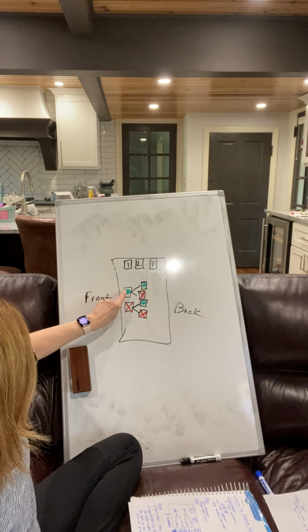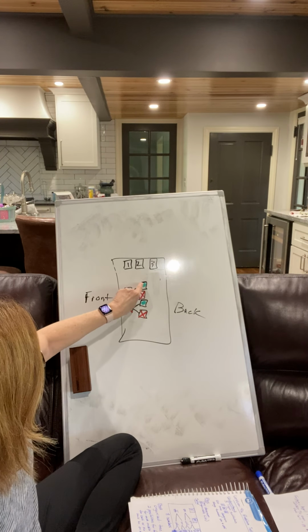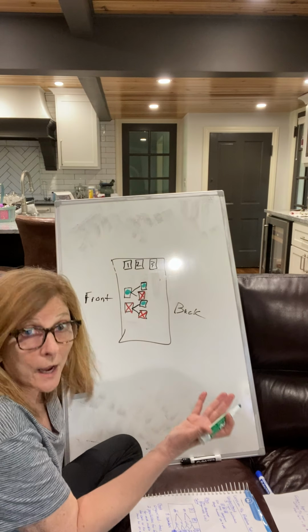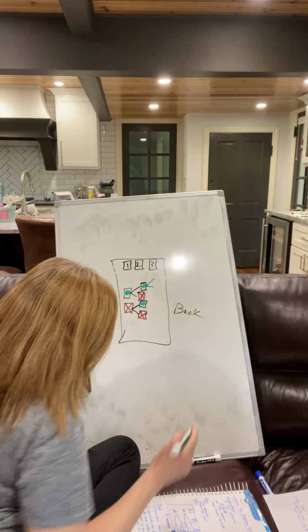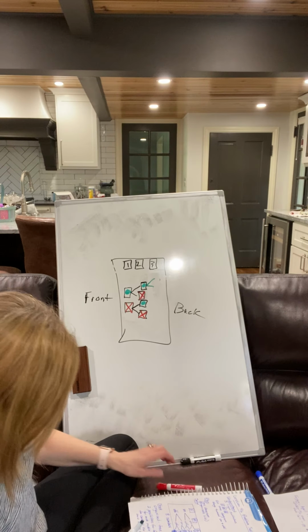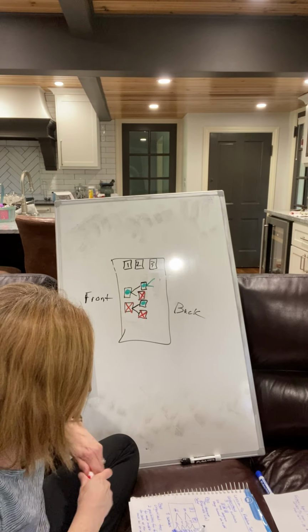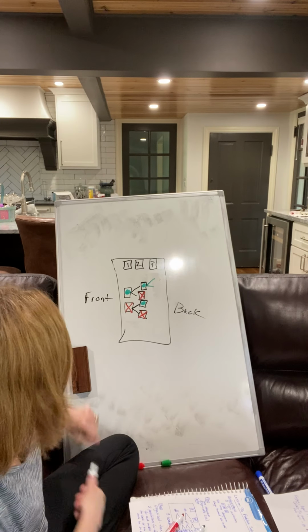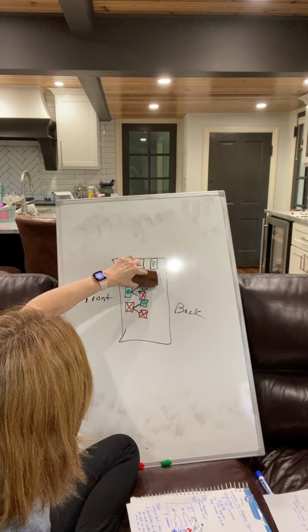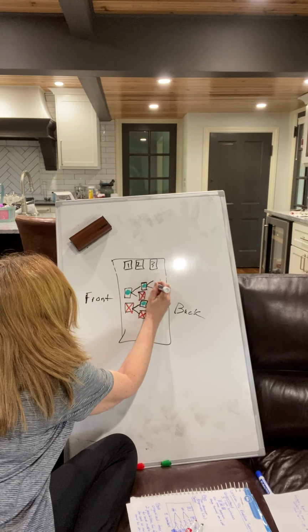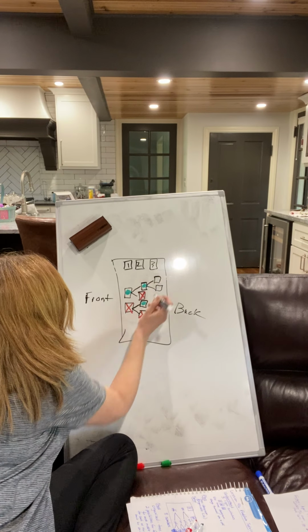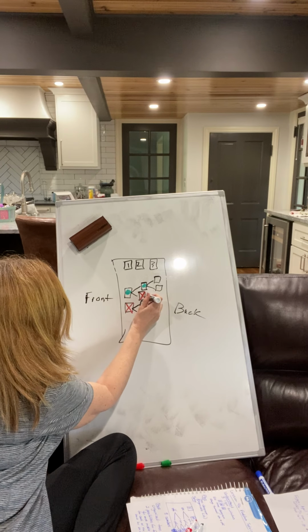If the front row is on, the second row is on, then the third row has two possibilities for each of those, right? Oops, I have used the wrong marker color. What is wrong with me? Let's get that fixed, Mrs. Pullman. Come on. All right. Then there's two possibilities here.